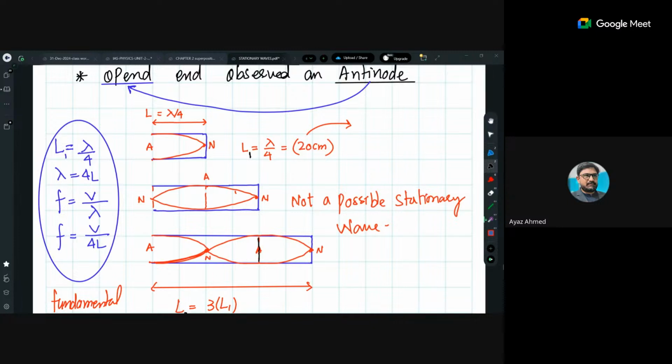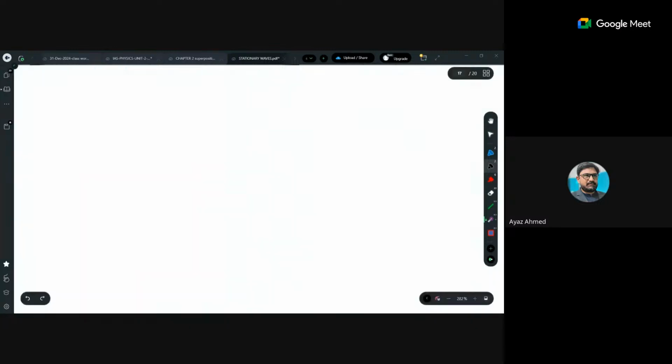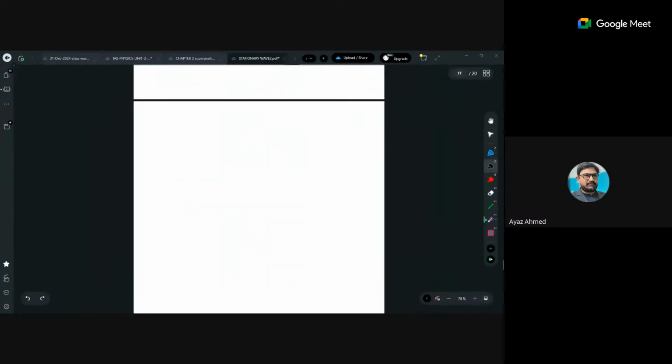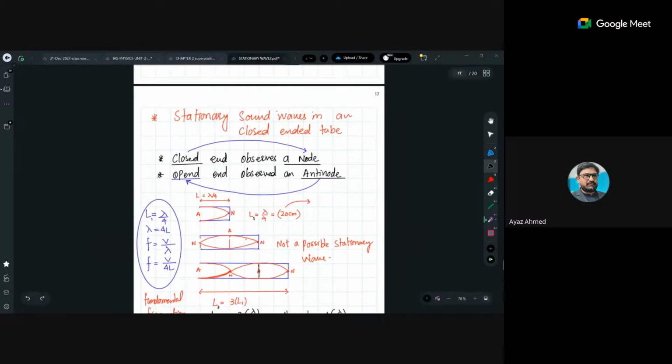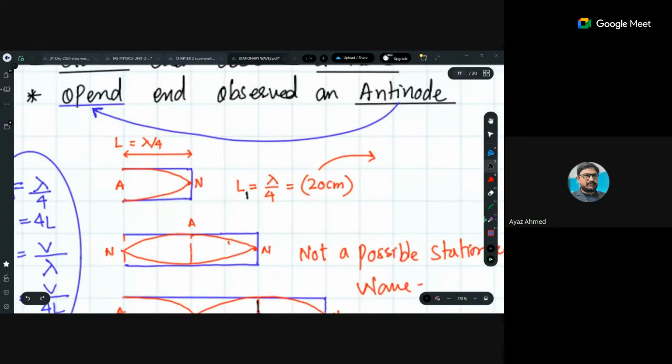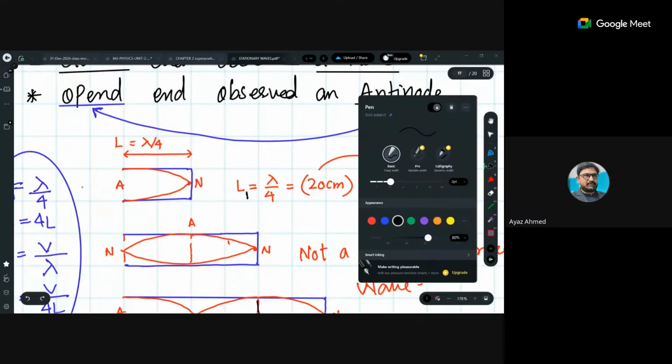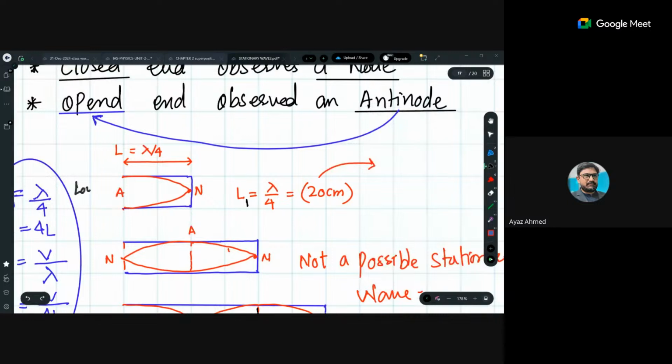It means that when you get the basic stationary wave, that is, one loudest sound, then an antinode at this open end will be observed in the form of the loudest sound. Antinode is the loudest sound, a louder bang, where the antinode is there.